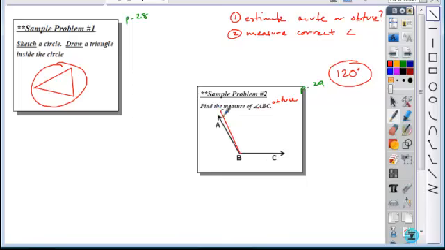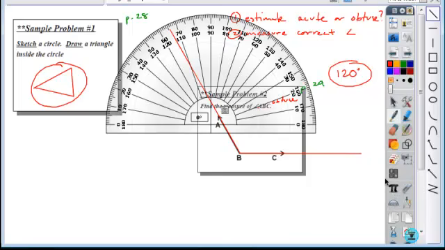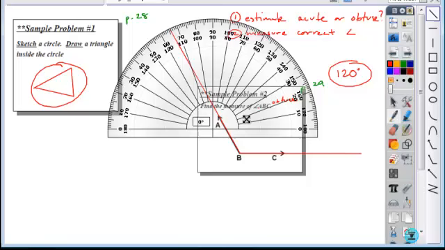Use your straight edge and just extend the sides of your angle so that it's easier to measure. The larger something is, the more likely it is to be more exact. If you extend this out and measure it, you should be able to see where the protractor intersects it in a little bit easier fashion.